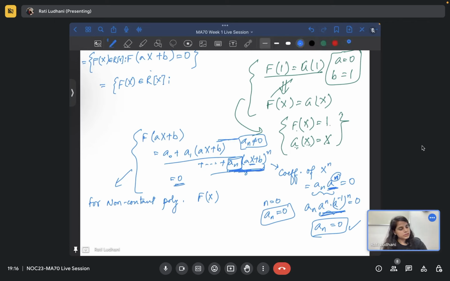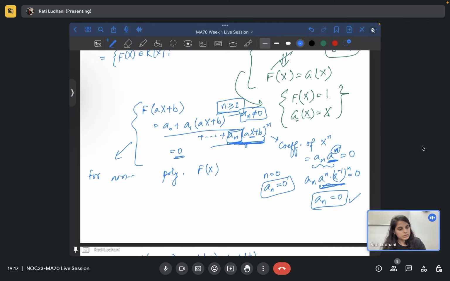So for non-constant polynomials a_n has to be 0, a contradiction. For n greater than or equal to 1 and a_n equal to 0, you get this.